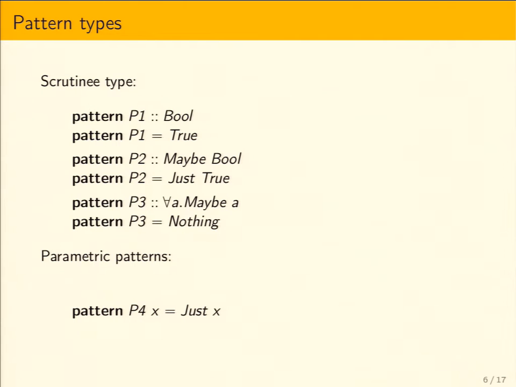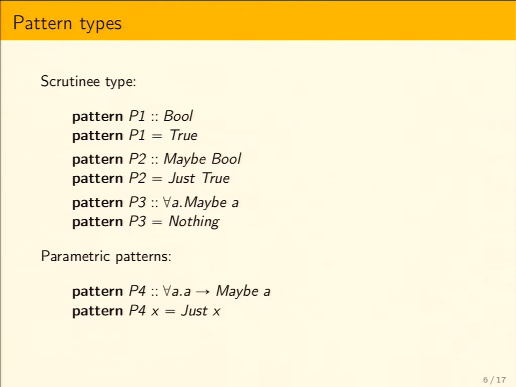And of course, we can have universal quantification. So in the third example, when we define a pattern synonym as Nothing, we can say that this is a pattern synonym that you can try matching against values of type Maybe A for any choice of A. Of course, it makes sense to allow for parametric pattern synonyms, just like in the example that I included in the motivation. So in this fourth example, the pattern synonym P4 takes another pattern, and that pattern will be used in subsequent matching of subparts of the thing that we are matching against.